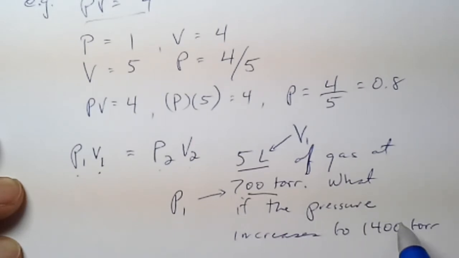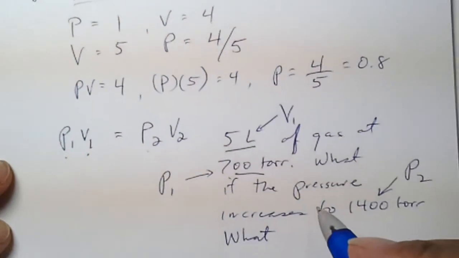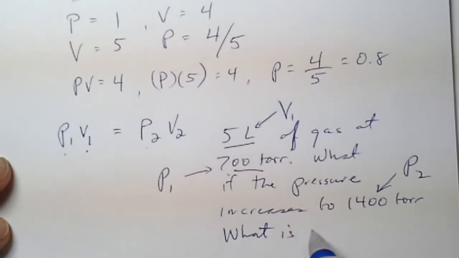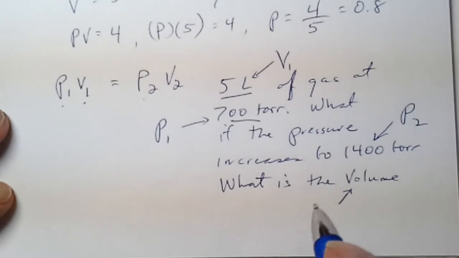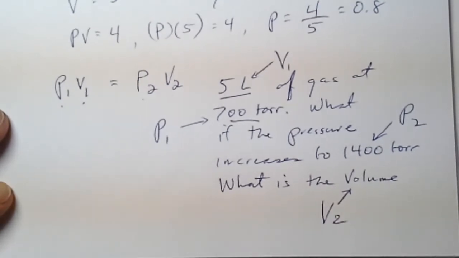Our pressure 2 is 1400 torr. And our question is, what is the volume? This would be our V2.